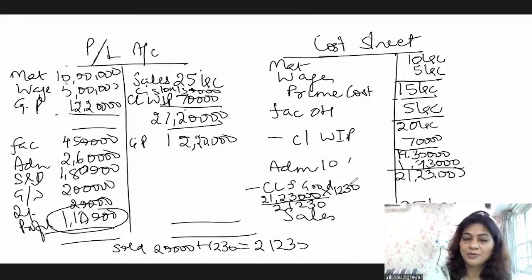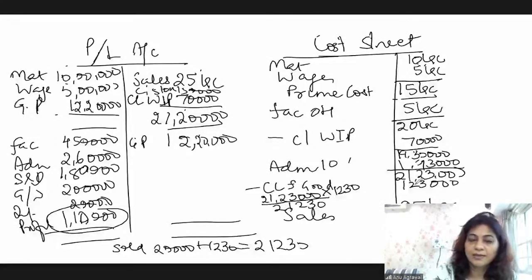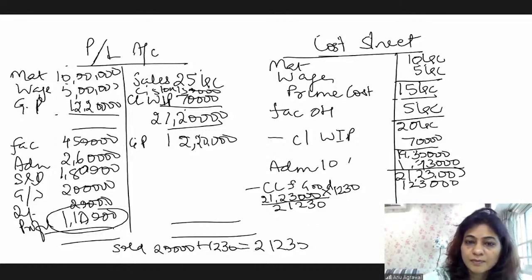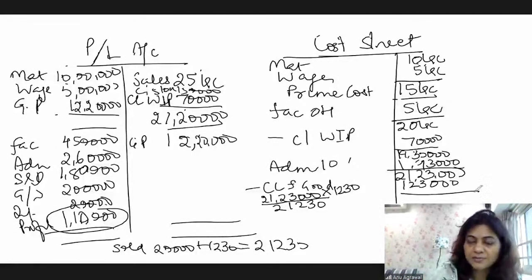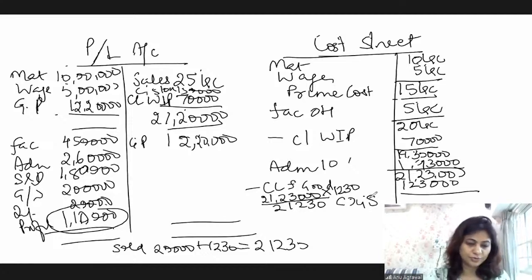Right? 100 into 1230, 1,23,000. Yes. Now, so what is my cost of goods sold? My cost of goods sold would be 21,23,000 minus 1,23,000. It is 20 lakhs.